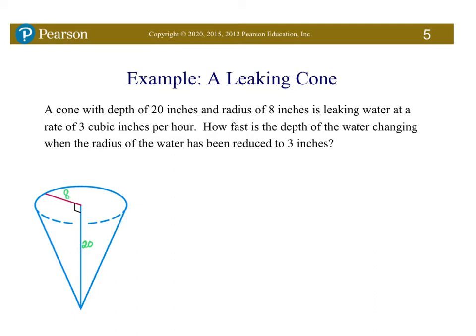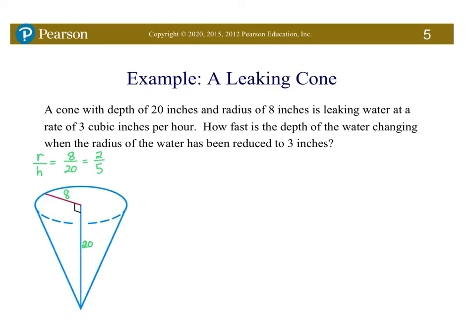Now that's only when the cone is full, but a property of cones is that the ratio of the height to the radius will always be preserved no matter how full or empty the cone is. And so the radius to the height will always have the same ratio, and the ratio is 8 to 20, or in reduced terms, 2/5.